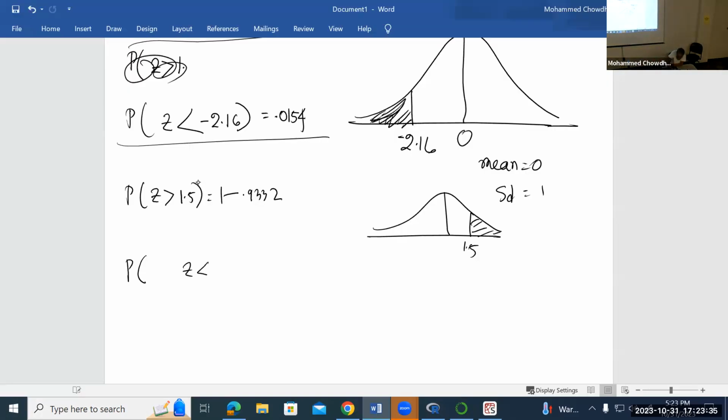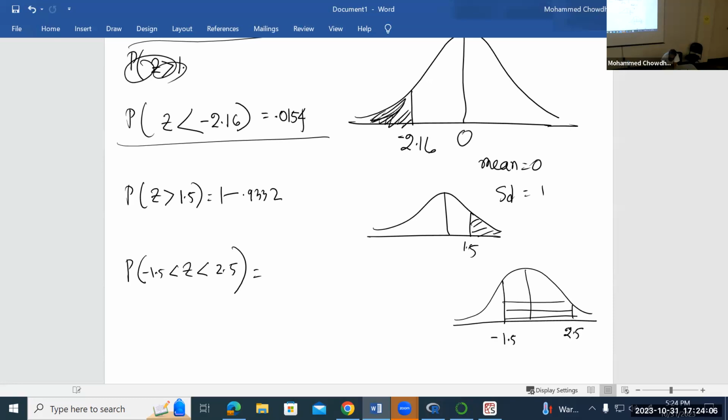Okay. So now I want to find these things: Z value less than 2.5, less than 1.5, between. How can I draw the figure? The figure is this. Here is 2.5 and here is negative 1.5, and I want to compute this area.